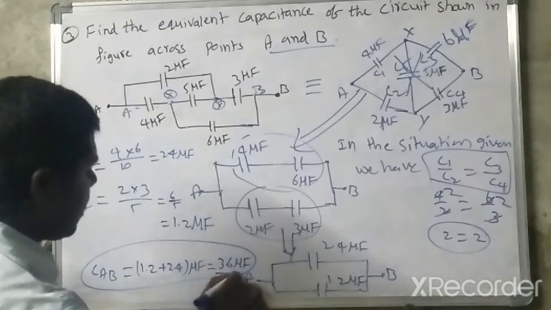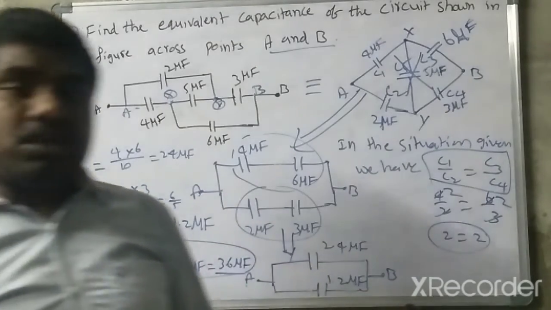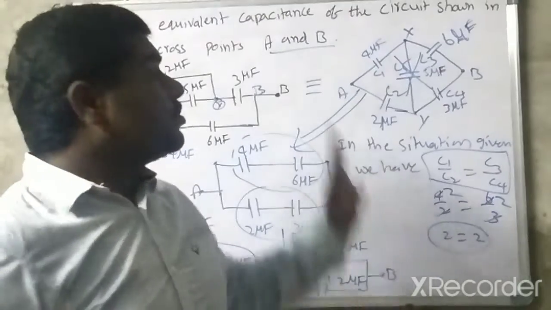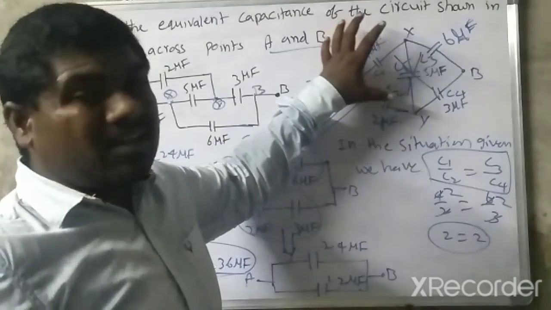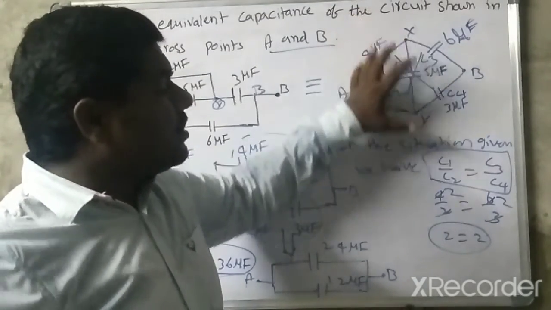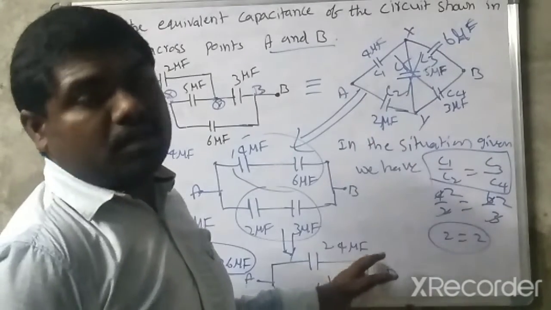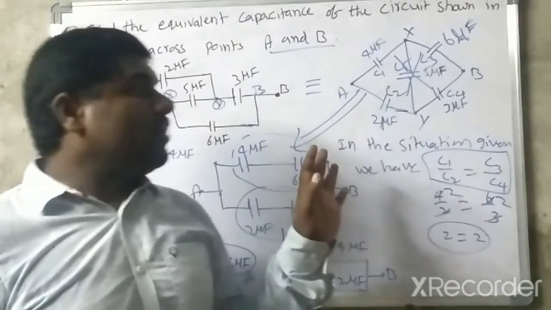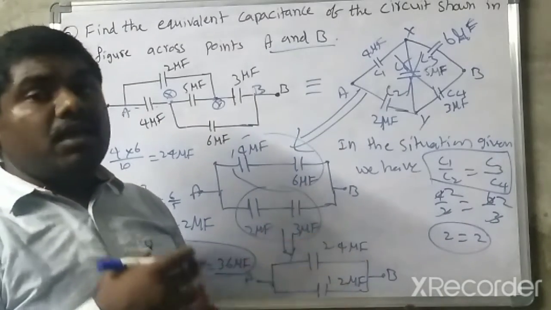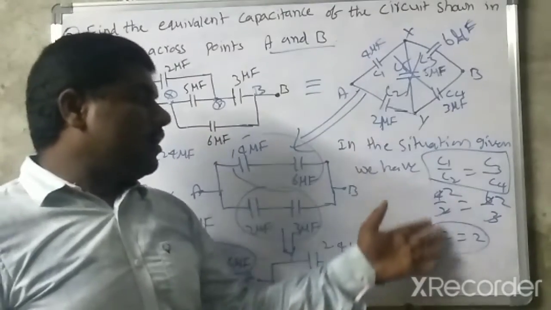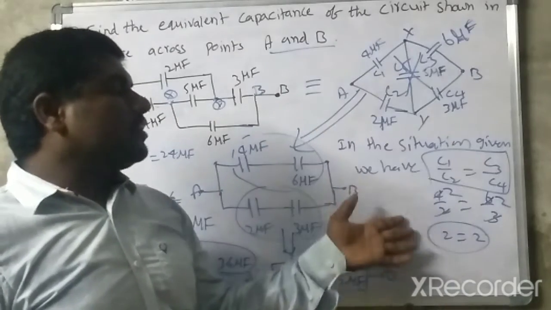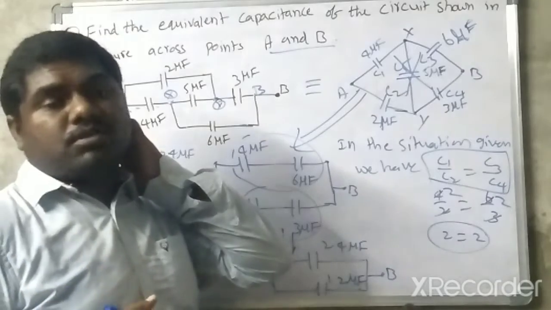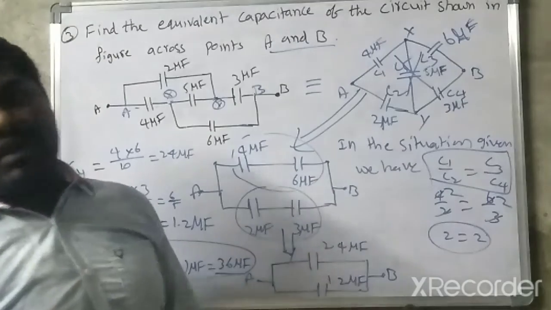Now this is the answer to the question. So like that you may redraw the circuit. If you know how to redraw the circuit, the remaining part is easy to calculate. Please listen carefully. You may see how I solved this one. You may recall it once or twice, then only it is easy to identify.